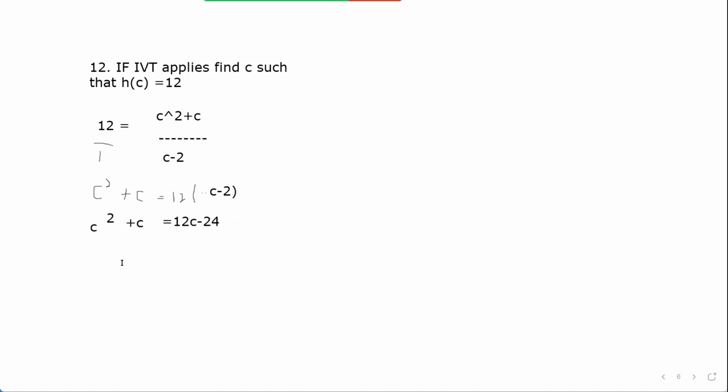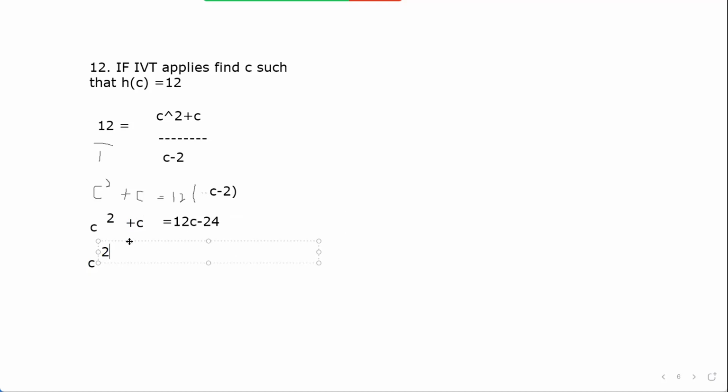Now what? Can't you just set it to 0 by subtracting? Yes, we're going to do exactly what you said. So we're going to say c squared, and I'll even skip another step. If I have this c and I bring over 12c, I get negative 12.